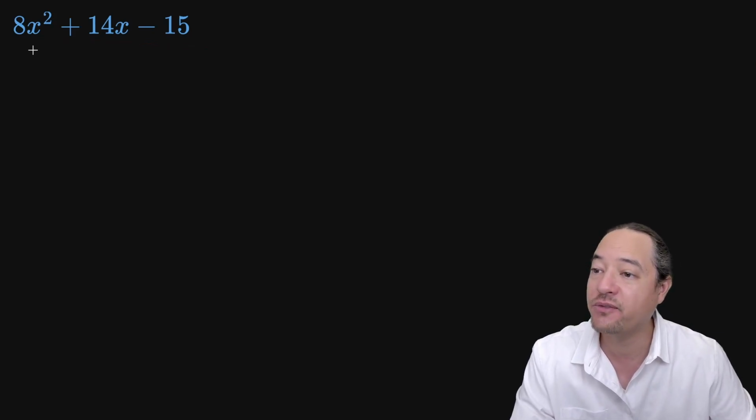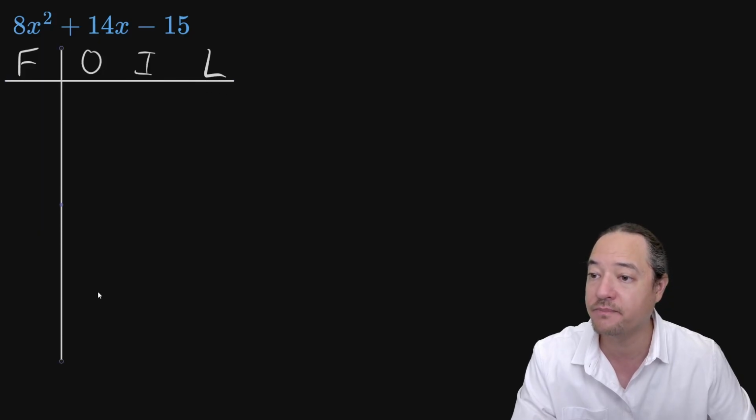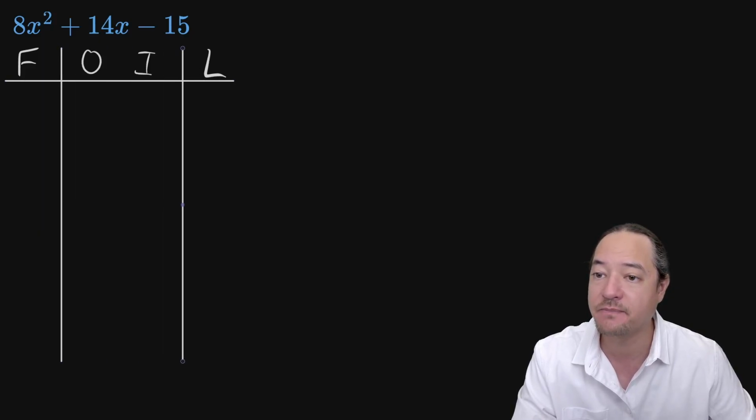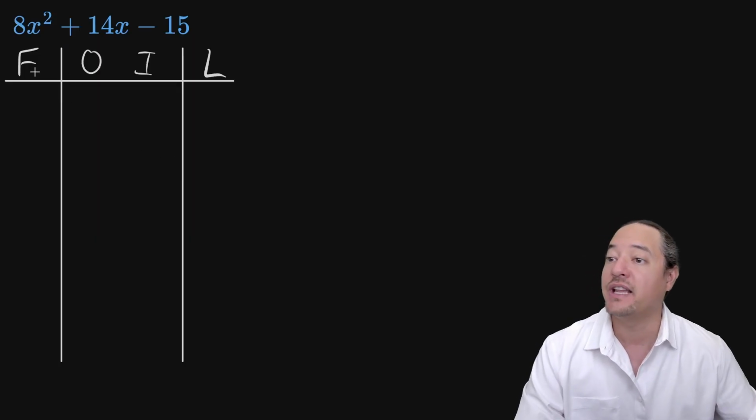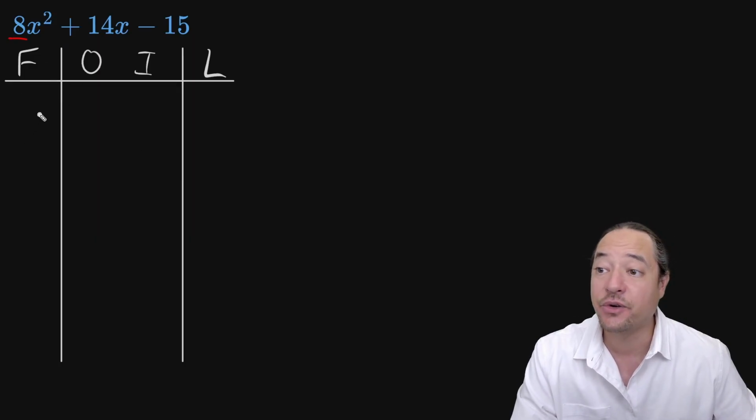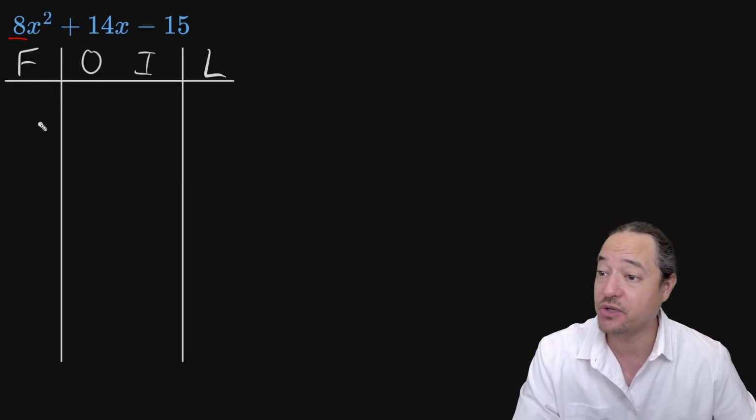Once again, we want to find what the factors for the first term will be, and then we'll have our middle terms that give us our b, and then our last term over here. So you can set up a chart if you want to, just like this. And let's look at the factors of 8 that are going to give us our potential first terms. Okay, what do we have?